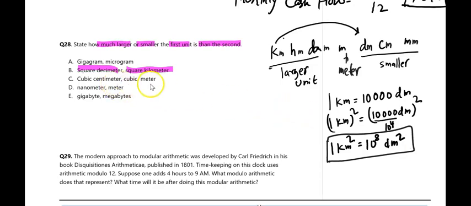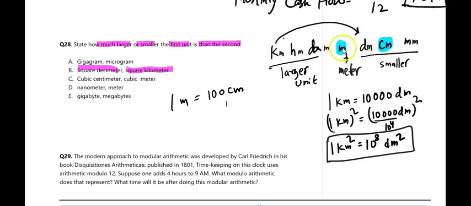Now cubic centimeter and cubic meter. Again, you're looking for centimeter and meter. You go back to the chart here. Centimeter here, meter here. So let's see how much that's going to be. 1 meter equals 100 centimeter. Because watch here, meter, decimeter, centimeter.